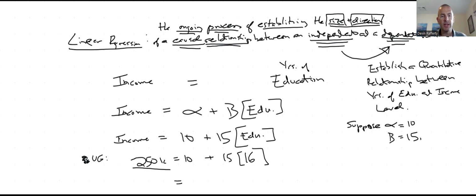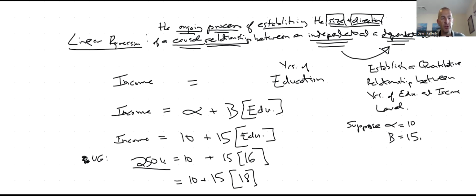So let's say that you were thinking about going back to college, and you were thinking about getting a master's degree. Master's degrees usually take 2 years, so that would jump your years of education from 16 to 18. So what would you predict your income to be now?